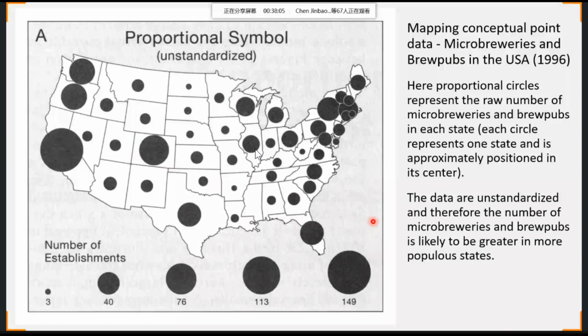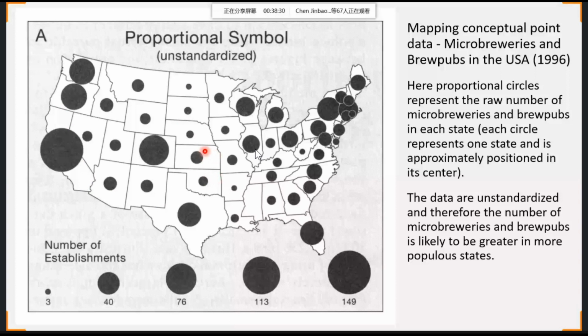The data are unstandardized, and therefore the number of microbreweries and brew pubs is likely to be greater in more populous states. As you might know, California is much more populated than one of these states here in the Midwest region, I think it is called.